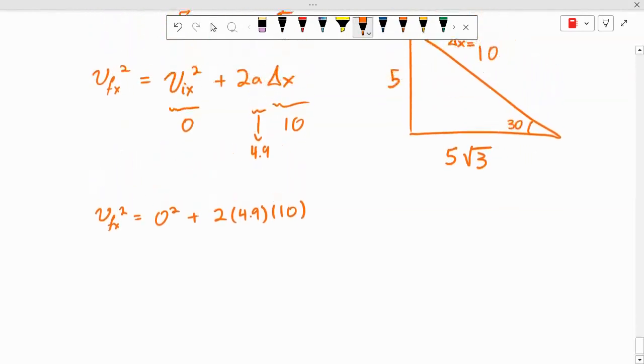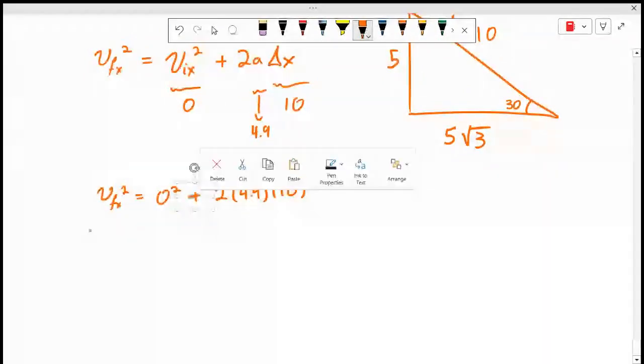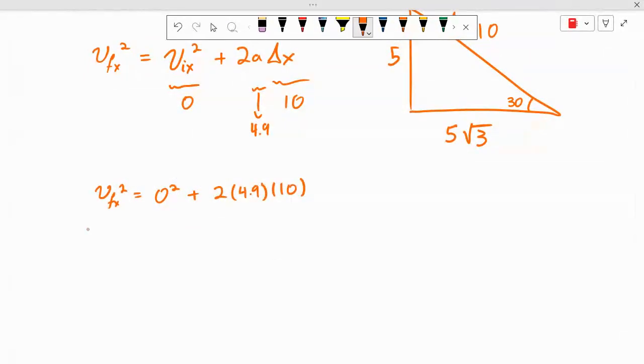So what we need to do now is just take the square root of both sides. And the final speed when it hits the ground is vf equals root 98.